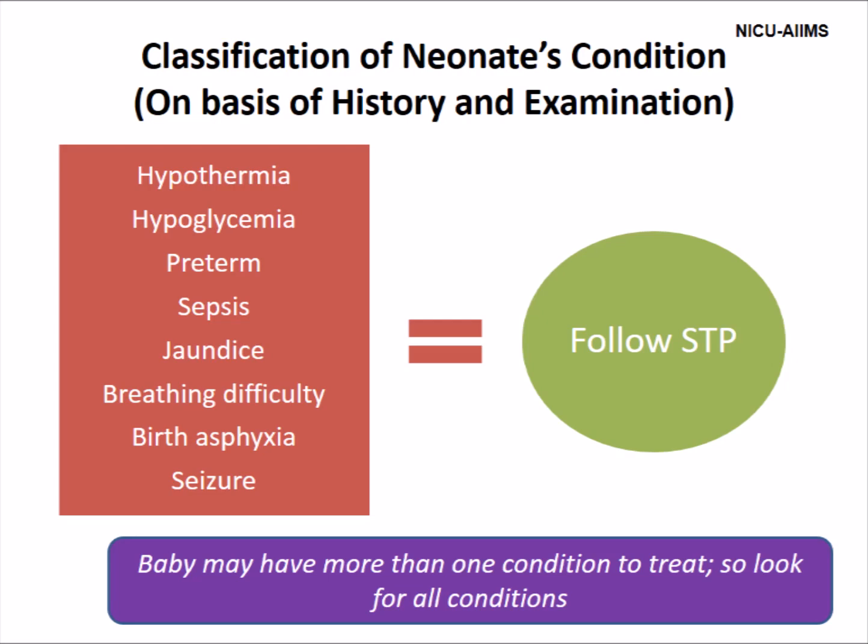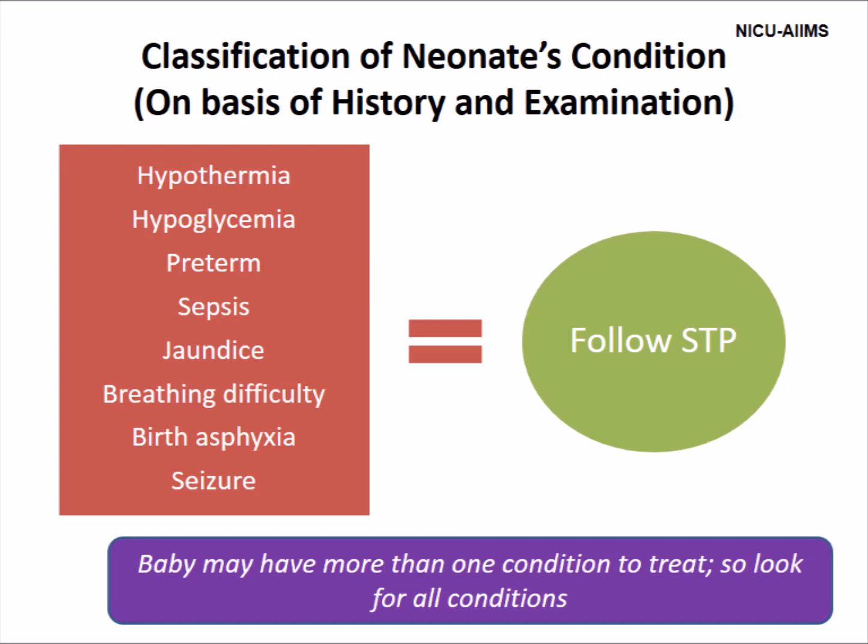Follow the respective standard treatment protocol for these newborn conditions: neonate with jaundice, neonate with birth asphyxia requiring bag and mask ventilation or intubation or drugs at birth, neonate with breathing difficulty, neonate with seizure, and neonate with sepsis.